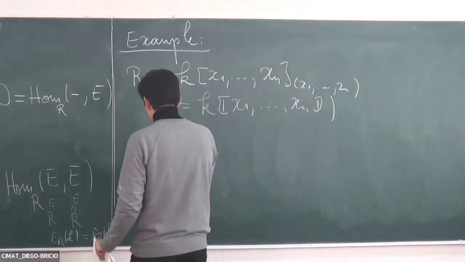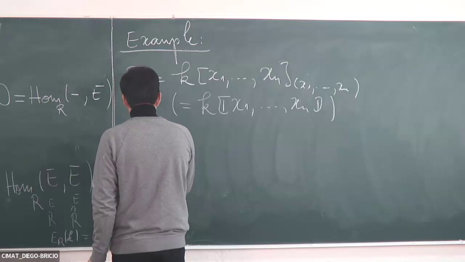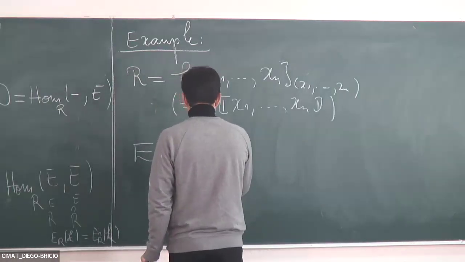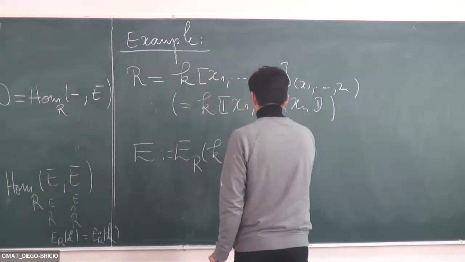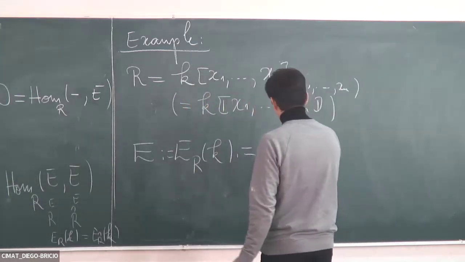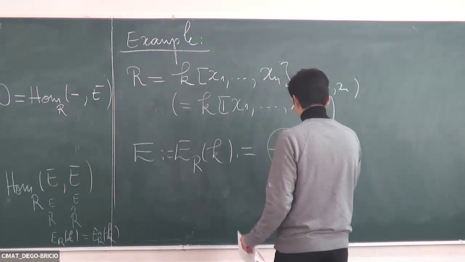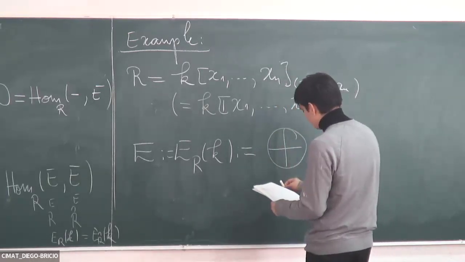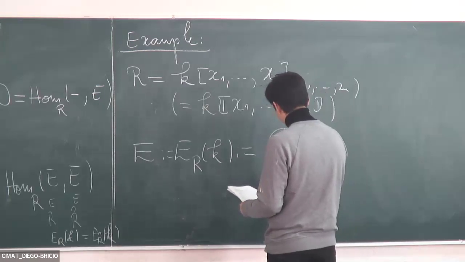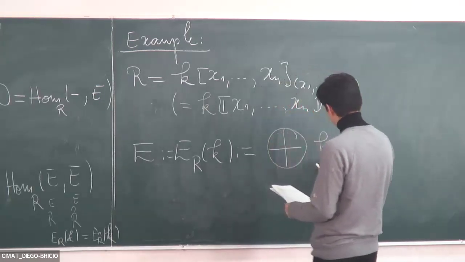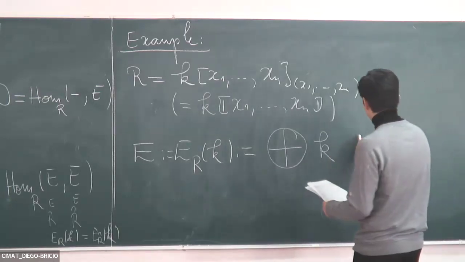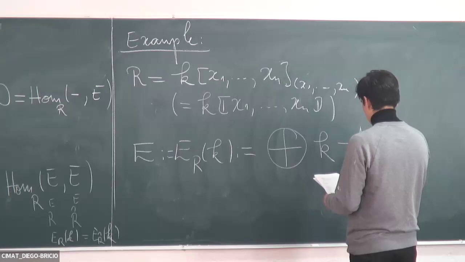So, in this case, we can define E to be the following. It's going to be a direct sum. It's going to be a vector space over K, a free vector space over K. So the basis, I'm going to denote it like this.